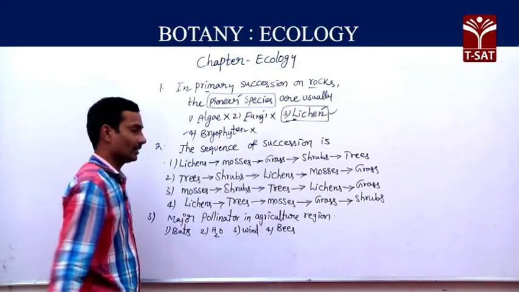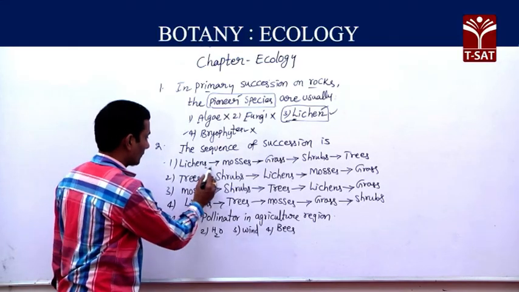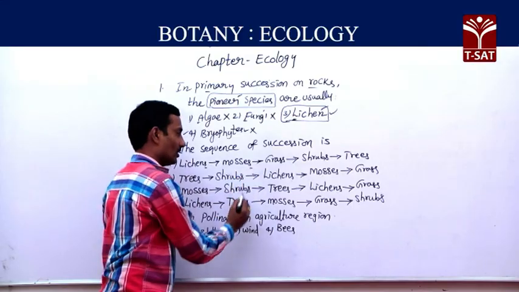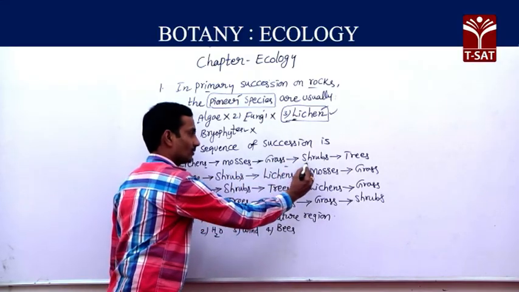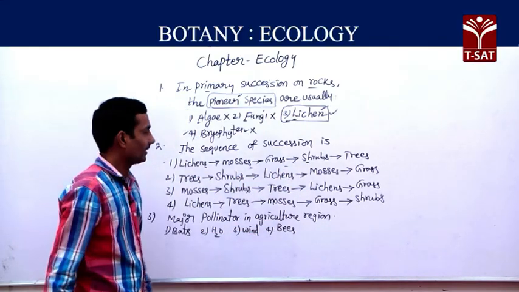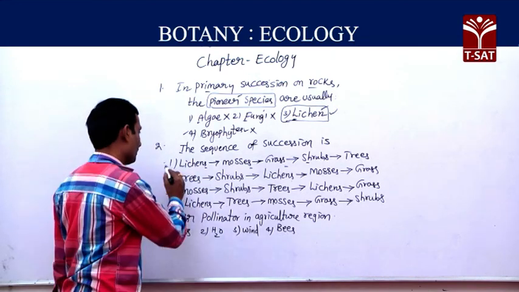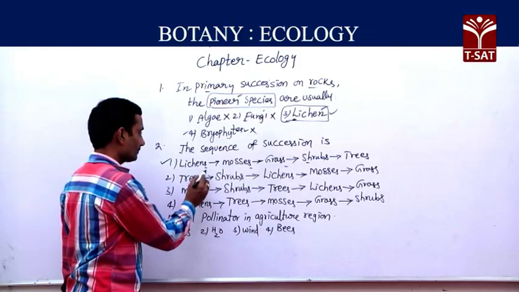In the first option, if you observe, lichens are there. Next, mosses, grass plants, shrubs, and finally trees. If you observe carefully, this option is correct.